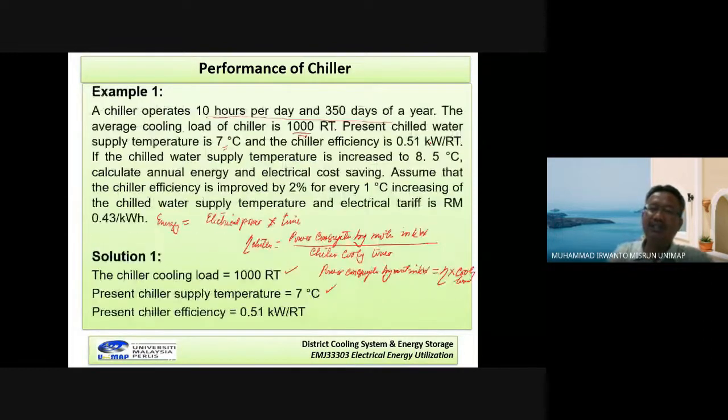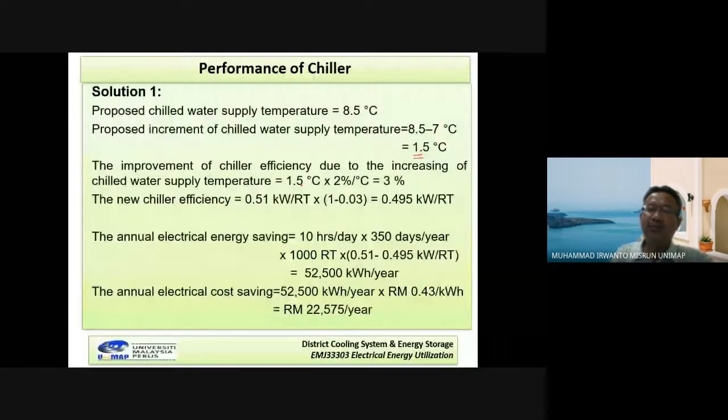The question states that the efficiency is improved by 2% per degree Celsius, meaning the improvement is 1.5 degrees Celsius multiplied by 2% per degree Celsius, only 3%. But 3% for 1 year is a big saving, right?